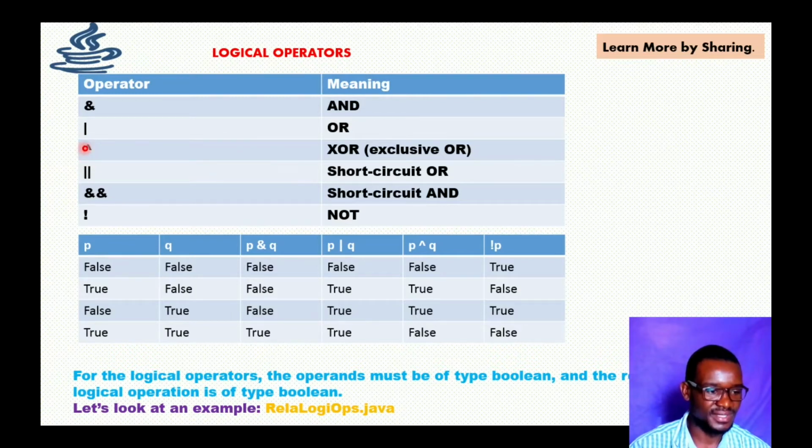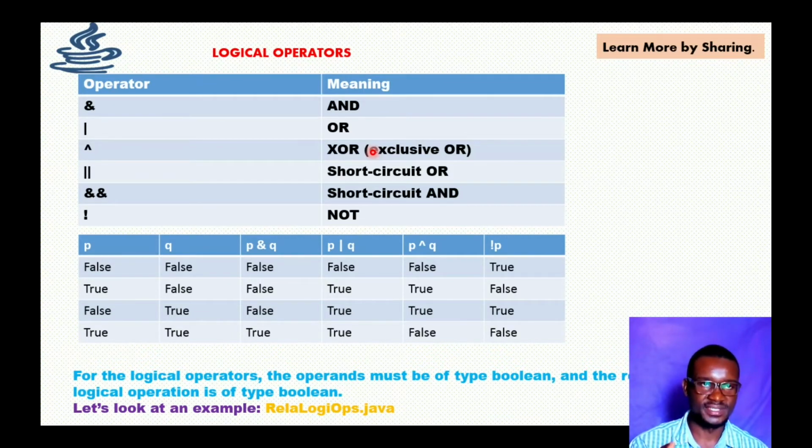And we have the caret. The meaning is it's an exclusive OR. So either one, it should be that one value should be true, not all of them true, for example, or all of them false.